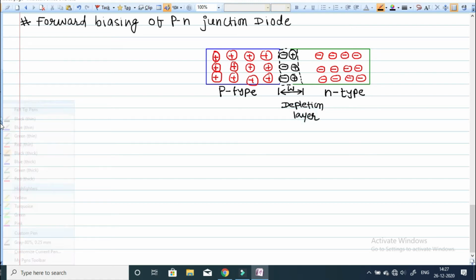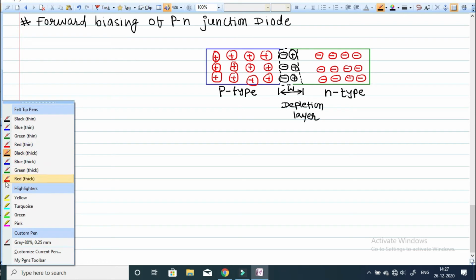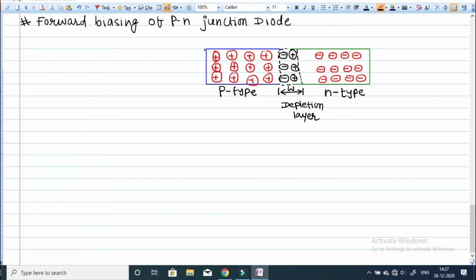Now what we are doing? Now we are connecting this p-type semiconductor with the positive terminal of the battery. These are the metallic contacts. I have not drawn the metallic contacts here. This is the metallic contact on the p-type semiconductor, and here it is also a metallic contact on the n-type semiconductor. Now wires are taken out.